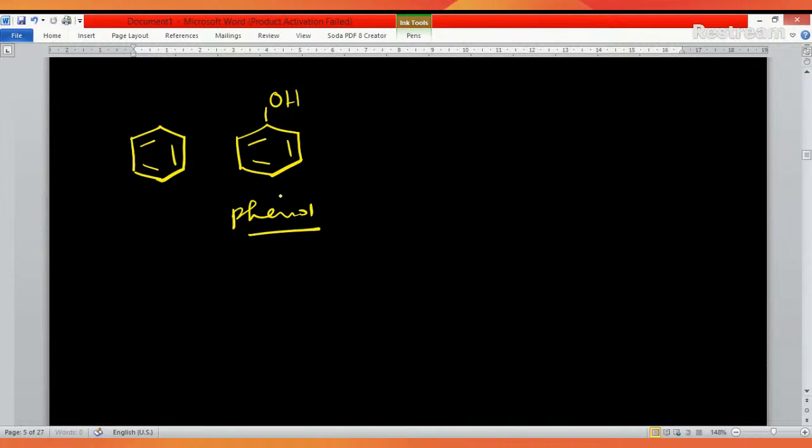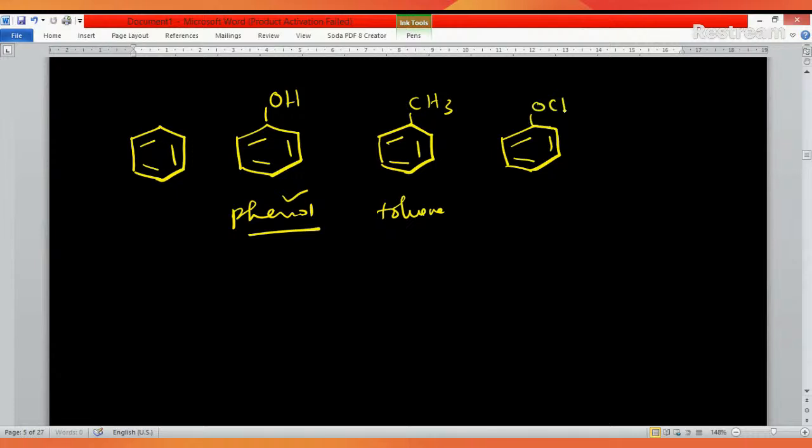It can undergo electrophilic substitution reaction. And another benzene derivative, methyl benzene, called toluene, can undergo this reaction. And another benzene derivative, we can have OCH3, called methoxybenzene. It will undergo the same electrophilic substitution reaction.